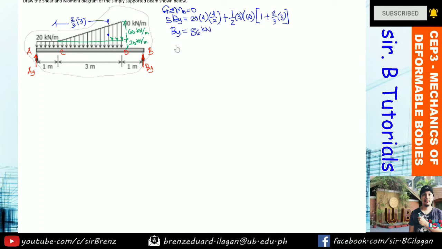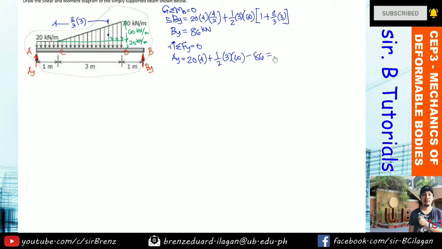And to solve for AY, just take summation of forces in Y equals 0. So we will have AY equals, just get the area of that to get the load, so 20 times 4, and then plus yung uniformly varying load na 1/2 of 3 times 60, and then minus yung BY, or minus 86 kilonewton.